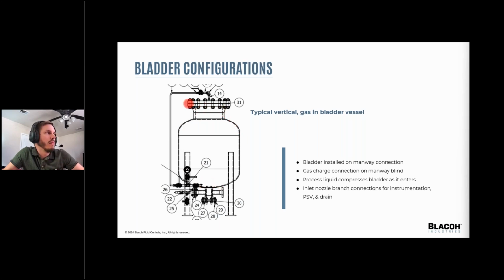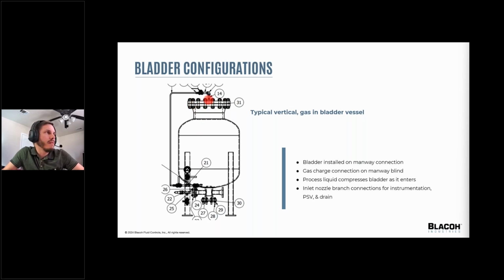So the flange of the bladder can be used as the gasket in a lot of applications, between the blind and the nozzle here in this manway or access opening connection.